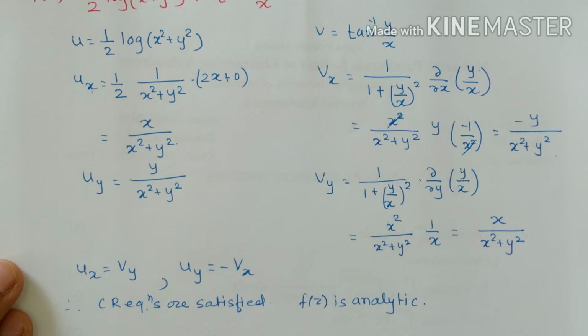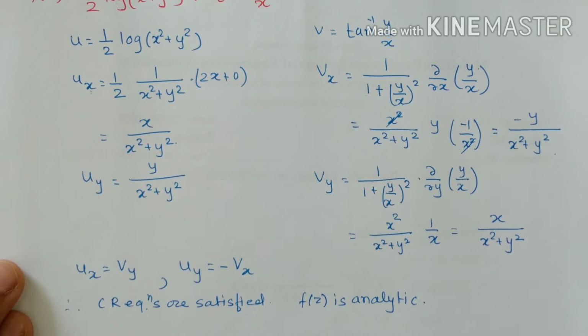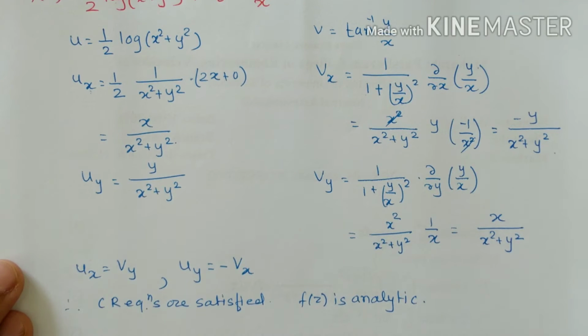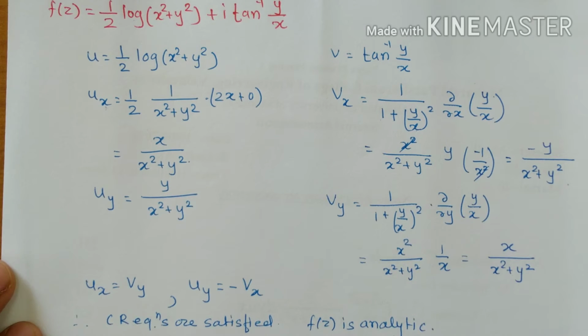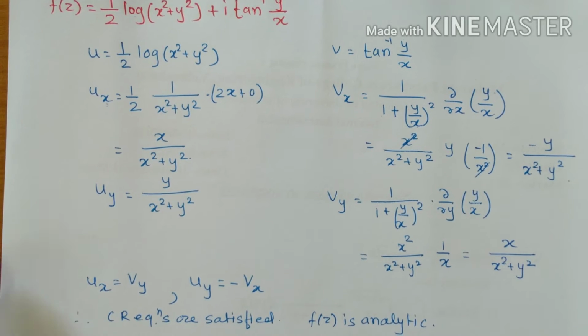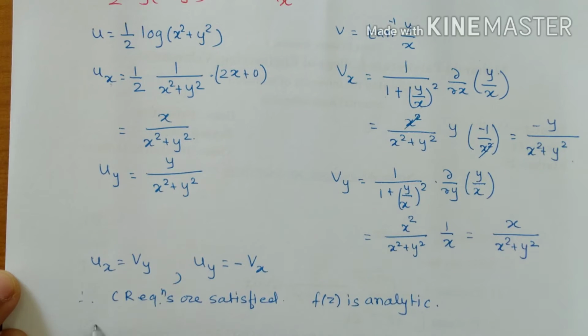Now, if someone asks you to find the derivative of f of z in this case, how will you calculate it? I already told you if f of z is analytic, then f dash of z can be calculated in the usual manner. But here, the given function is not expressed in terms of z. It is expressed in terms of u plus i into v, that is, separated into real and imaginary parts.